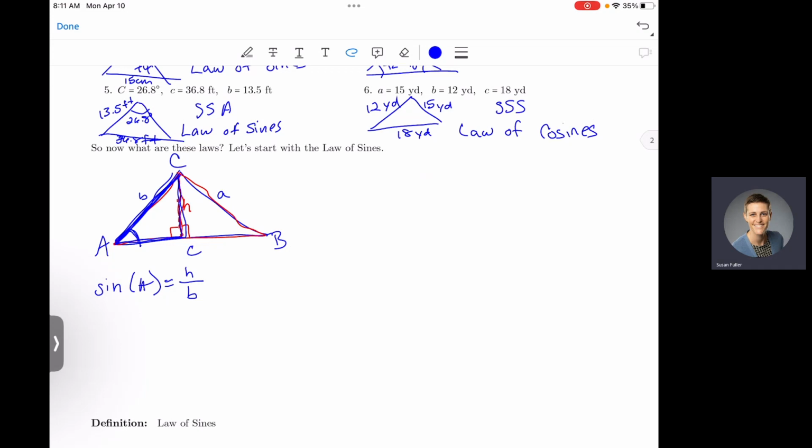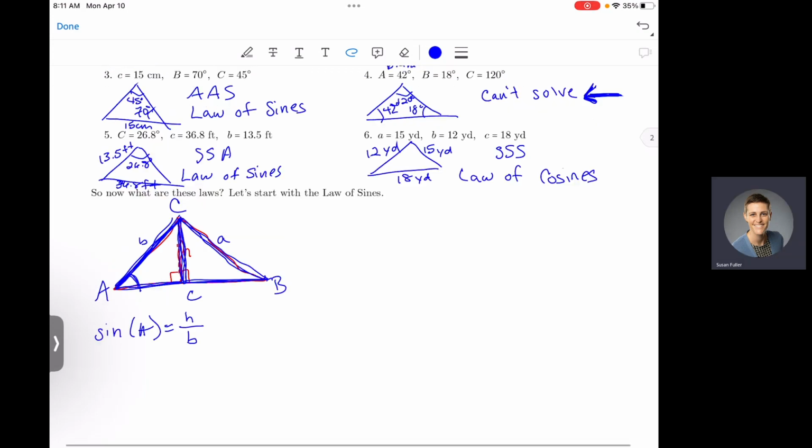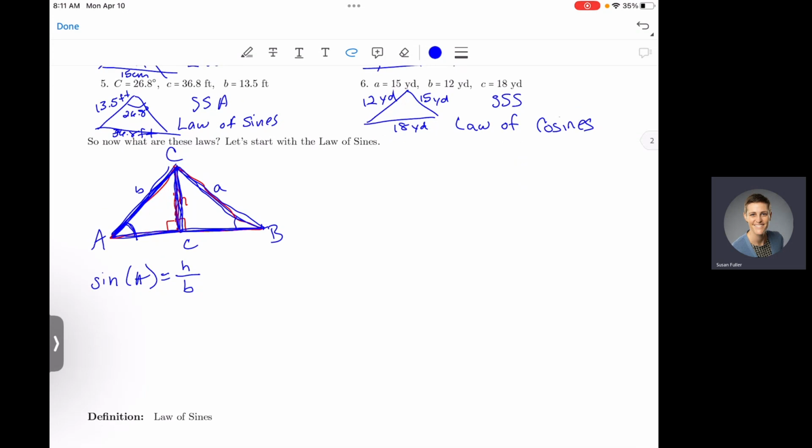Similarly, if I look over here at this right triangle, do you agree that if I look at angle B here, the sine of angle B is opposite, which is again this height here, which we called h, over the hypotenuse?